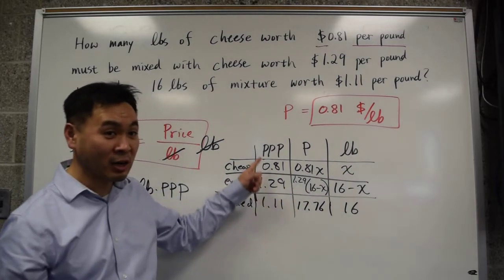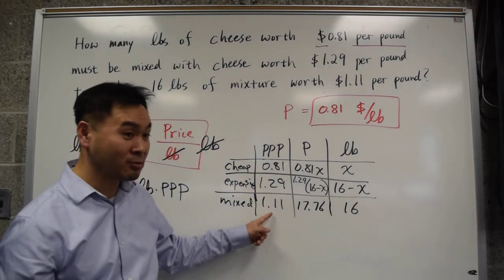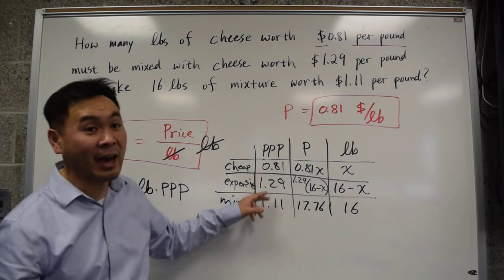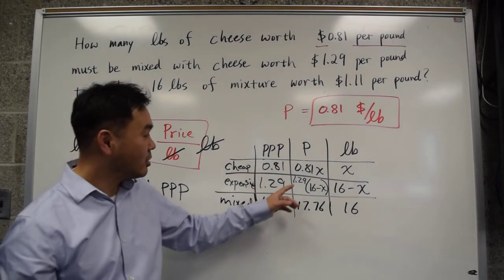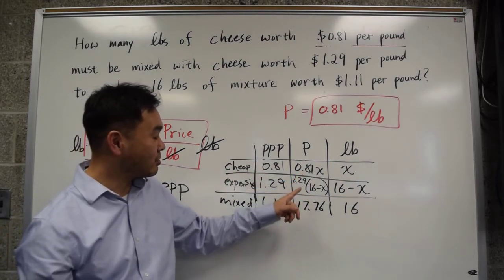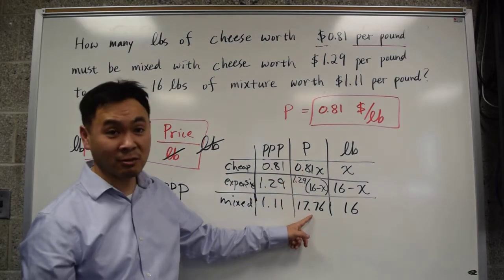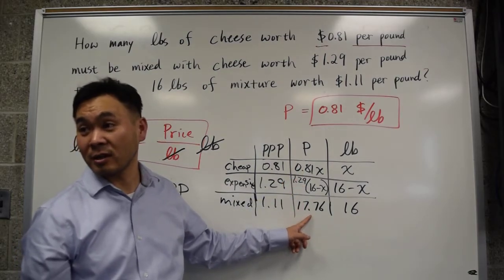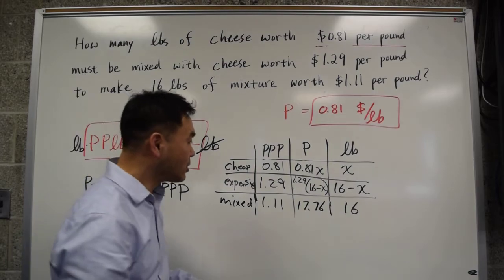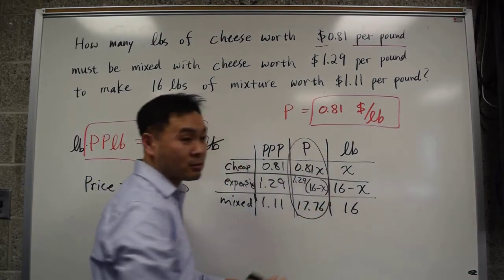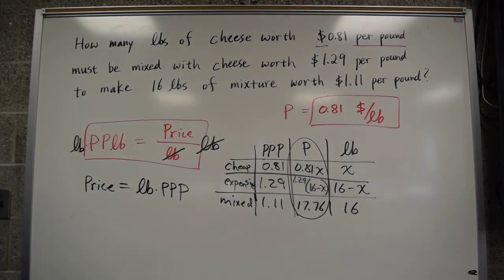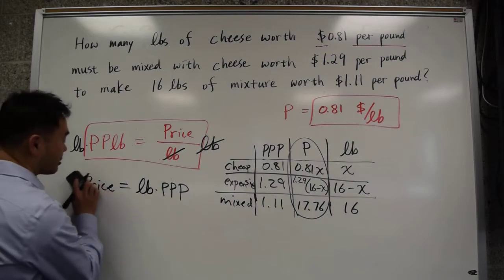This is not true for price per pound, you can't add them to get the final one, because these are like averages. But for the price, if you add them, you should be getting the final price. Do you agree? All right. So that idea will be used again. I'm going to do another example of mixtures, and you're going to see that idea being used again, okay?